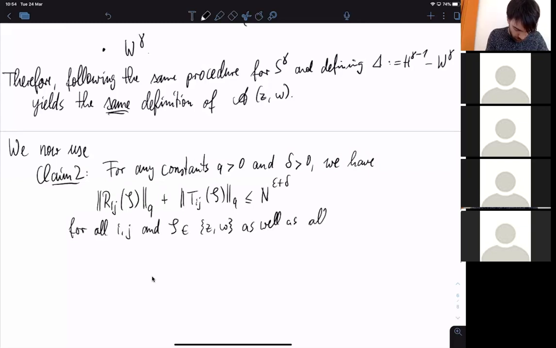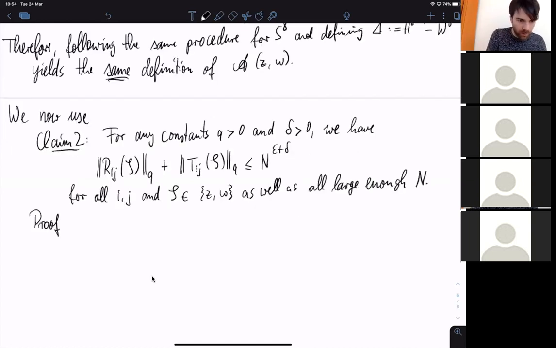Proof: this we will prove on the next homework sheet. It essentially comes from the local law and this type of resolvent expansion, and I think this is good to do individually, and then we will use this and now complete the proof of claim 1.